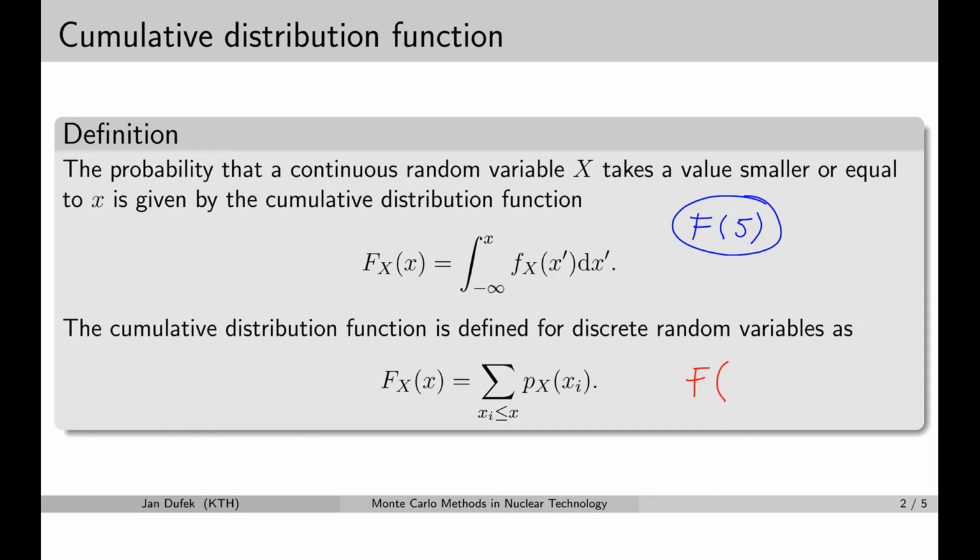So in this case, for instance, the cumulative distribution function for the number 2 would give us the probability that the reaction would be either fission or the capture, and it can be easily calculated by summing up the probabilities up to x again, similarly as in the case of the continuous random variables.